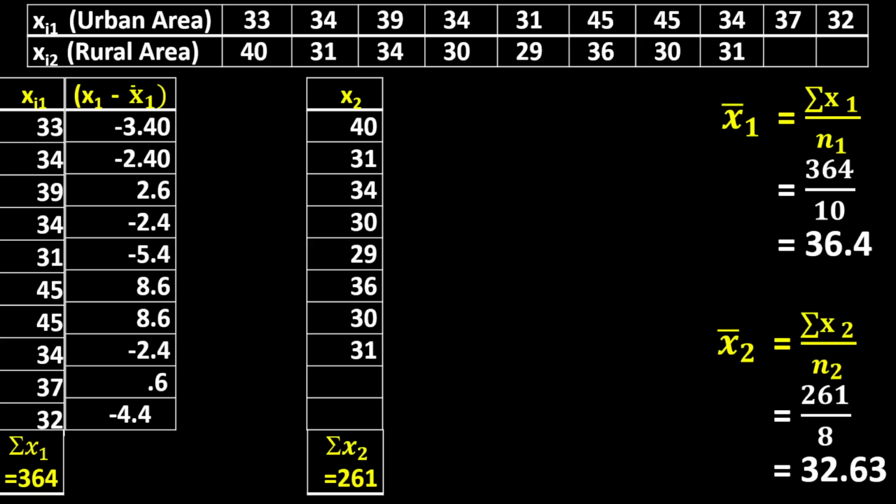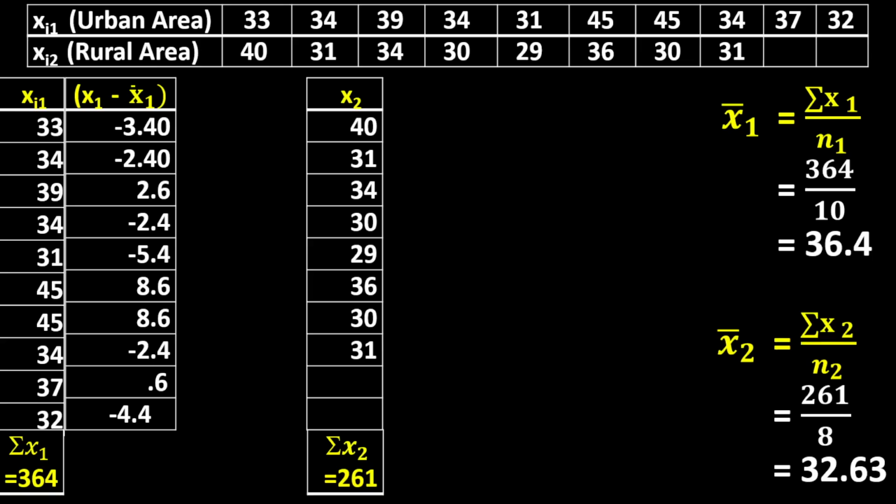In the same way, the second observation is 34, and from 34 we will deduct 36.4 and we will get minus 2.40. The third observation is 39, we will deduct 36.4 from it and we will get 2.6. The fourth observation is 34. From that observation, we will deduct the mean of urban area, 36.4, and we will get minus 2.4.